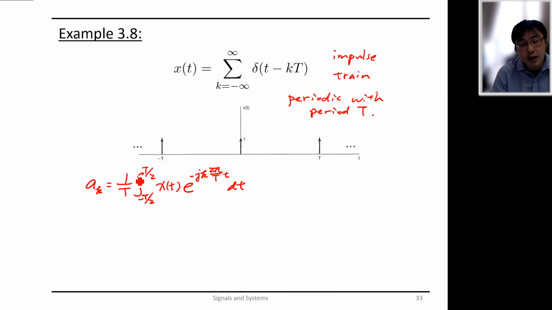Over this one period, x of t is just delta of t. So I can replace this with delta of t.